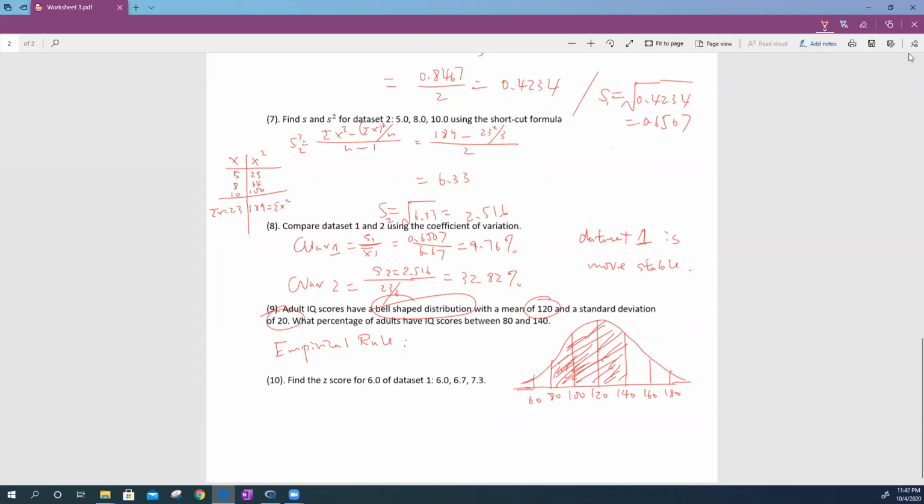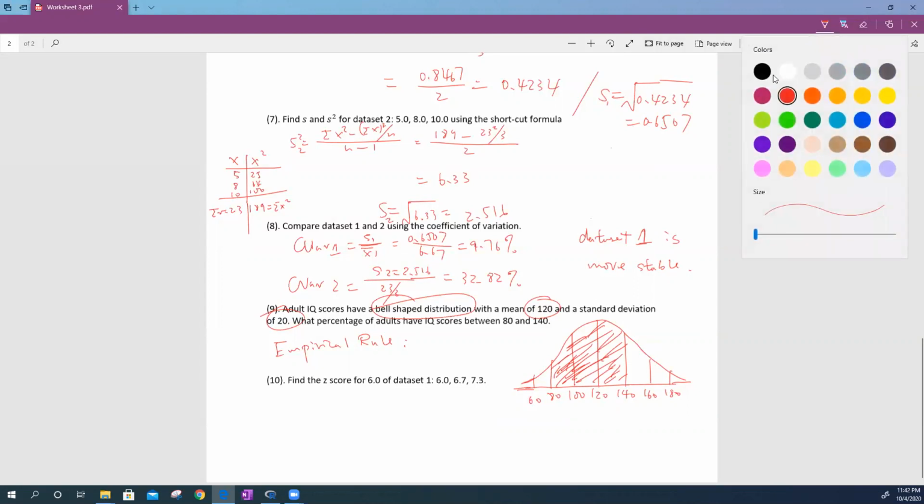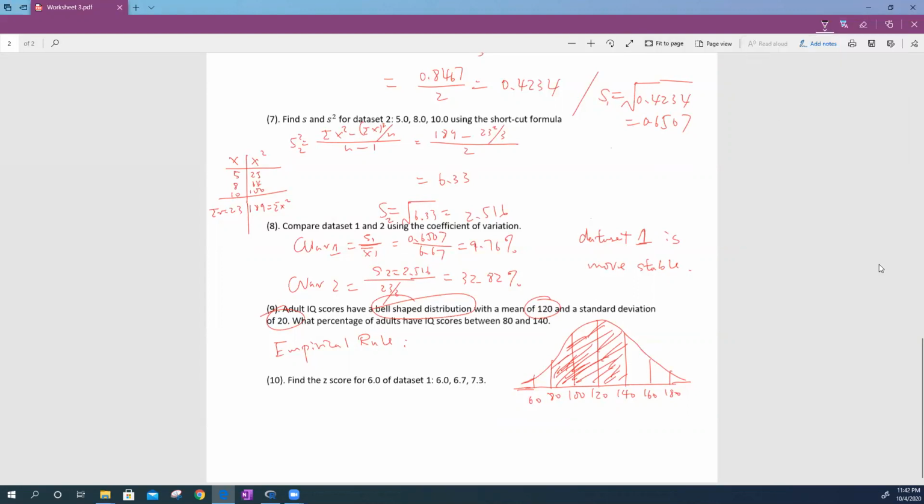And actually, we know the partition already, right? So we did that in class. So one standard deviation away from the mean, that area is 68%. By symmetry, that gives us 34%. And then these two areas are the same, and each one is 13.5.